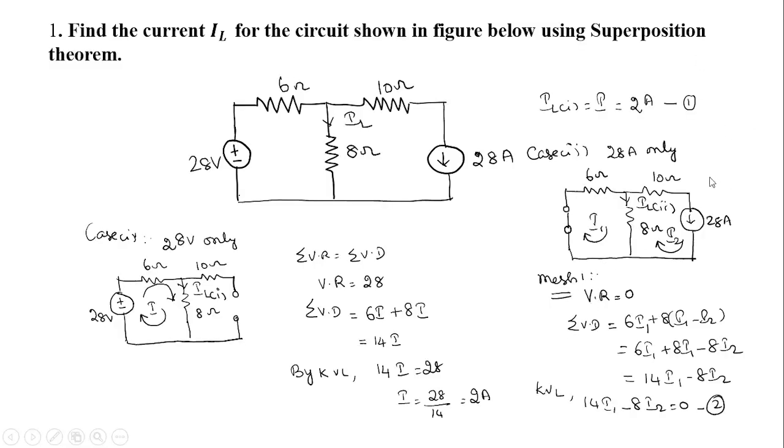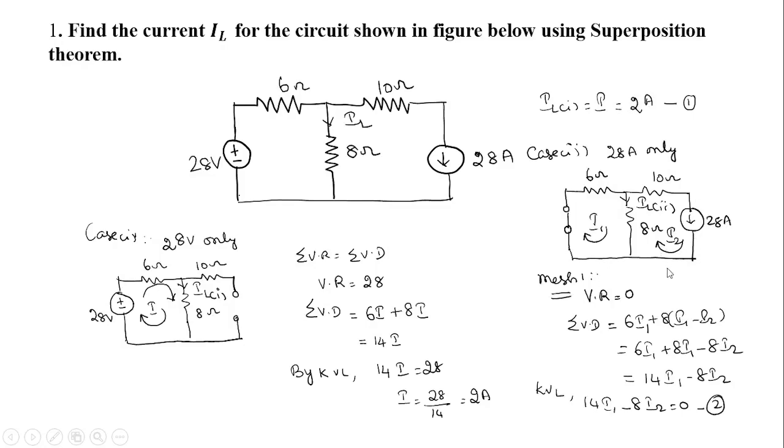So next, mesh 2. Mesh 2 here is a super mesh. If a current source is present in a mesh on the outer periphery, as you see in the circuit here, this current source is present on the outer periphery of mesh 2. So this is considered a super mesh. If it is a super mesh, then we have to directly equate this current to the current source.